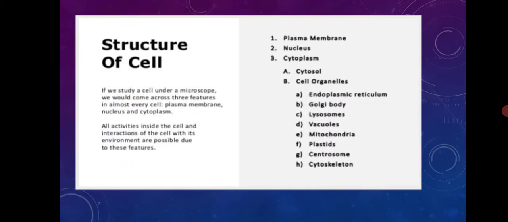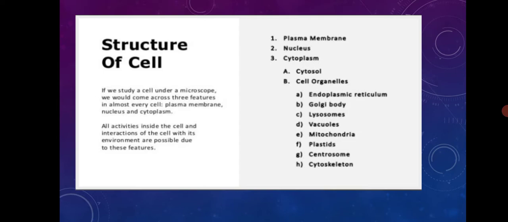Here, beta, I am going to explain the structure of the cell. A cell is broadly formed of three major parts: plasma membrane or cell membrane, nucleus, and cytoplasm with cell organelles.